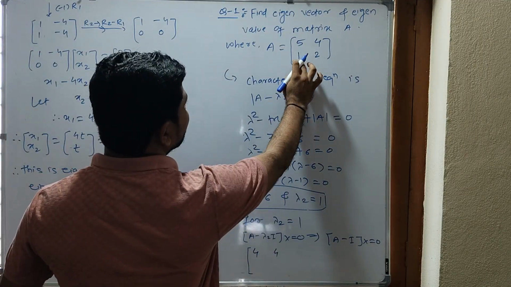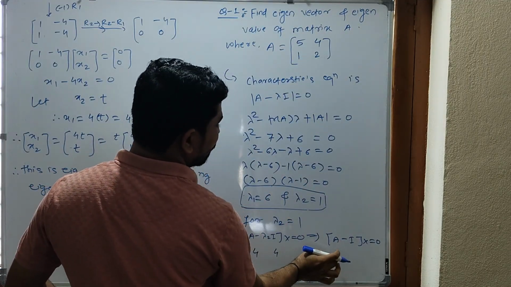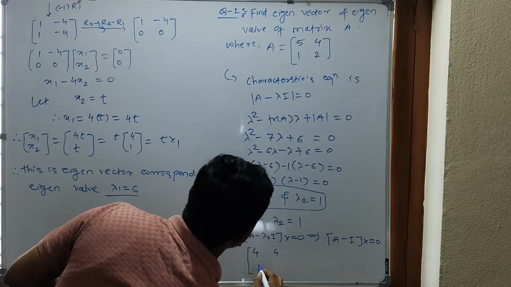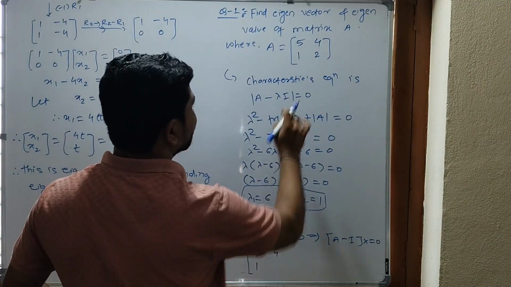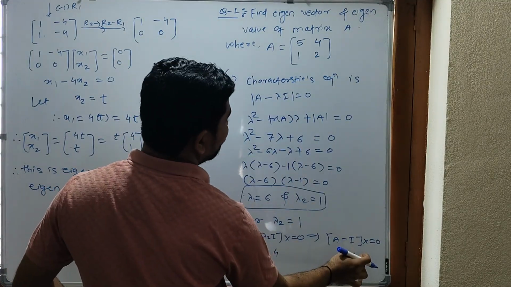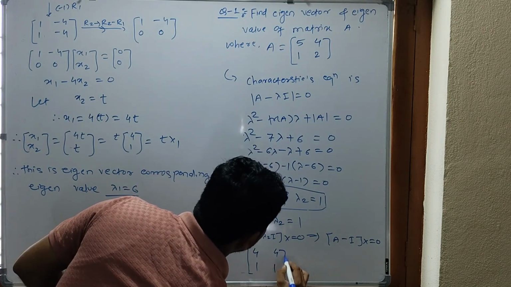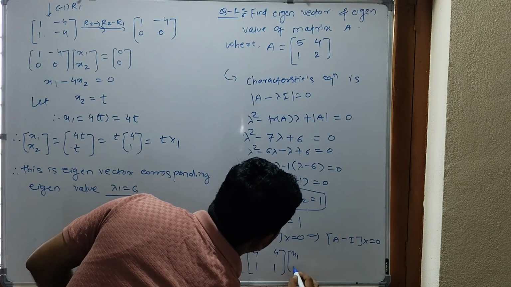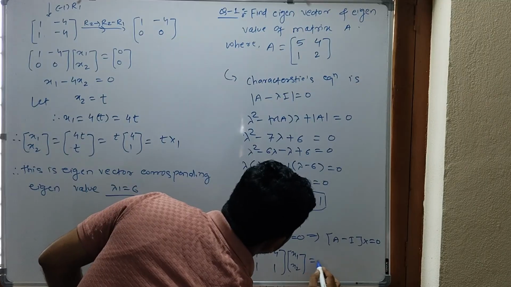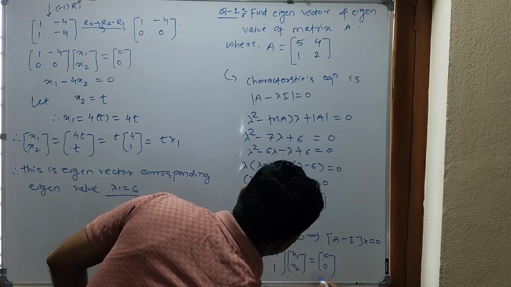Now this is 1 and the A21 position of identity is 0, so simply 1. And this is 2 and the A22 position of identity is 1, so 2 minus 1 is 1. Now I will write this x as x2, and again 0 and 0 on the right.